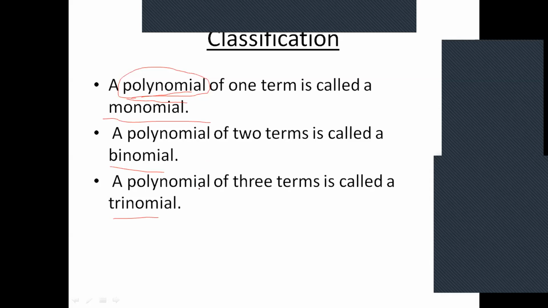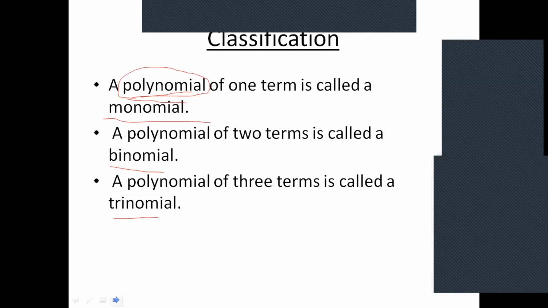Maybe in very rare cases we may use it, but other than that we'll be using polynomial. That's why in the definition I've mentioned a polynomial of one term is called monomial, a polynomial of two terms is called binomial, then trinomial. More than three terms it is called polynomial. Please remember that.